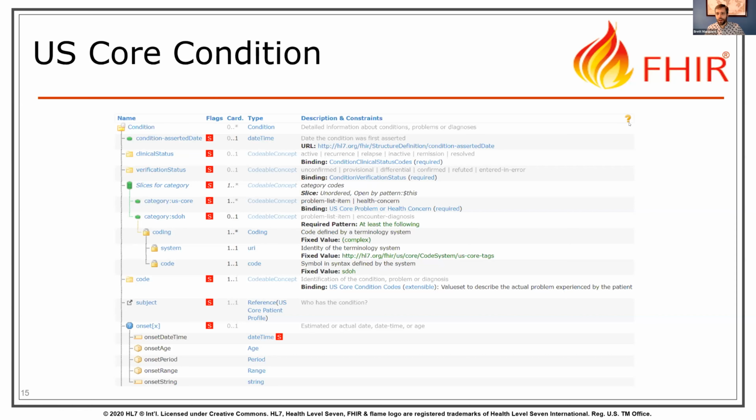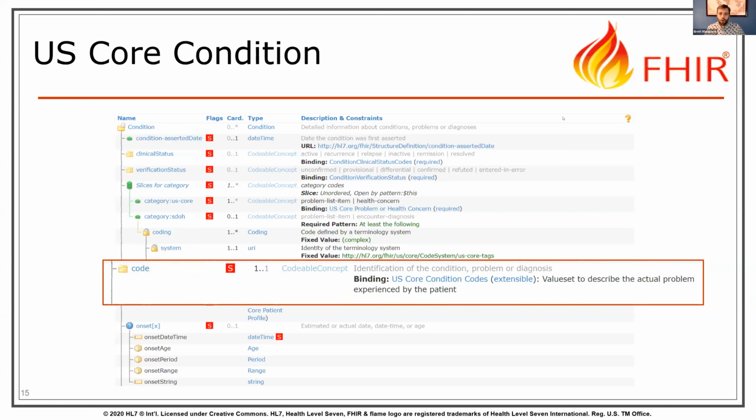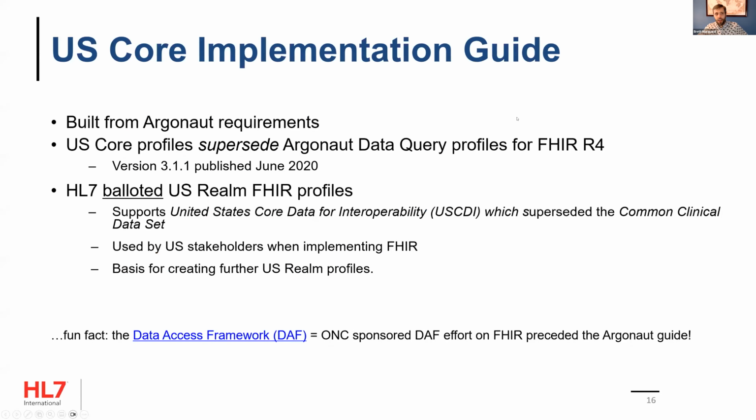But the idea of the profile is that it gives further constraint. Oh, and here you go, calling out the condition code here. Okay, so it's really important when we talk about US Core.